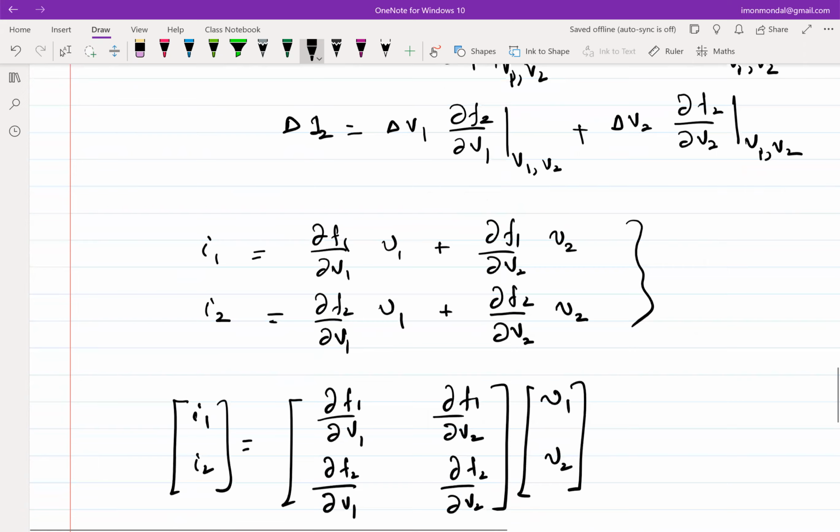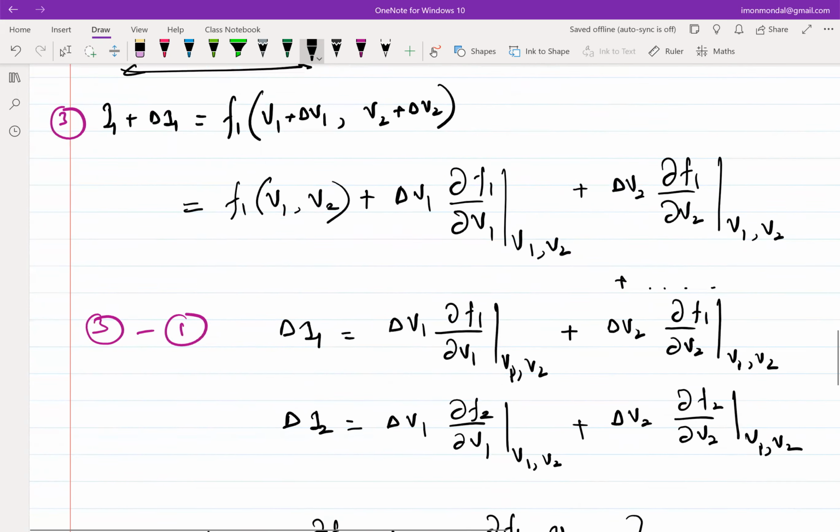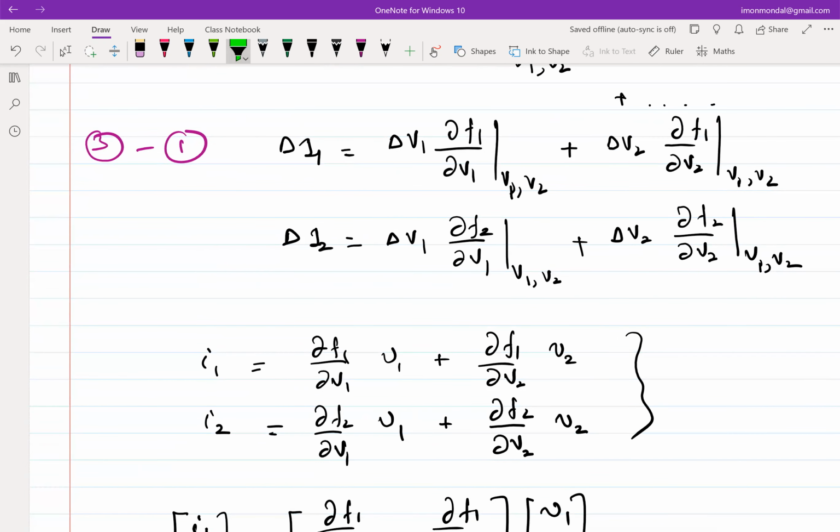So even if I go right in the beginning, let's stay here. What will be the unit of these del F del V's? It will be that of 1 over R, right? It will be that of admittance, right?